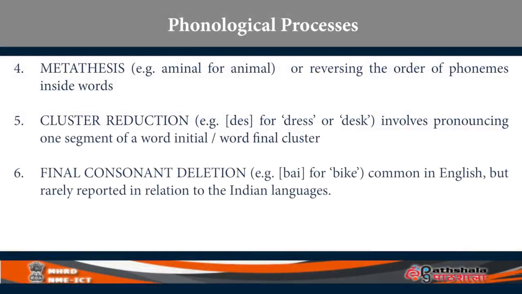Final consonant deletion. A lot of English speaking children don't say the final consonant. Bike becomes by. It may sound awkward, but it's an extremely commonly reported phonological process among English speaking children. And in all my research, and my colleagues' research in the department on phonological processes in Telugu, we never came across final consonant deletion. Telugu children don't delete final consonants.